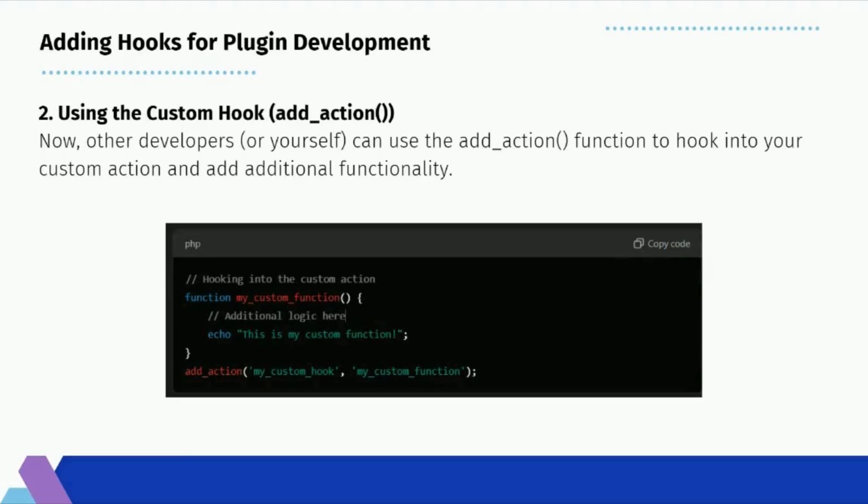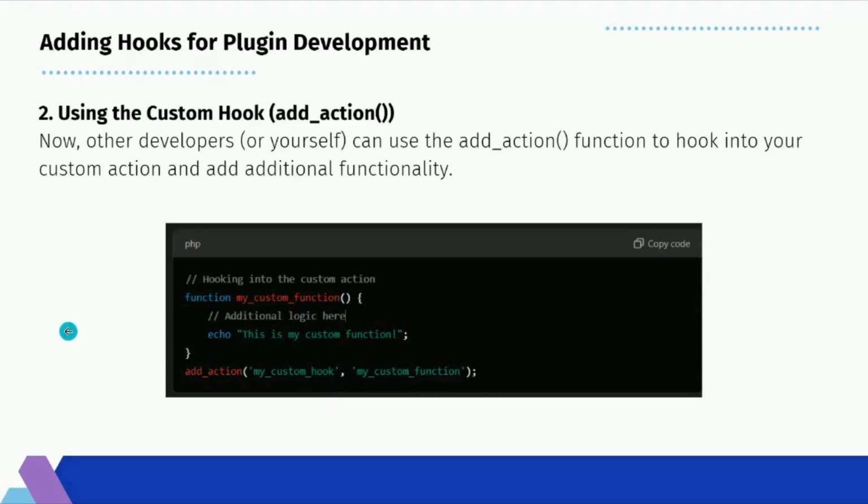Using the custom hook, add_action. Now other developers or yourself can use the add_action function to hook into your custom action and add additional functionality. As you can see, I call this add_action my_custom_hook.